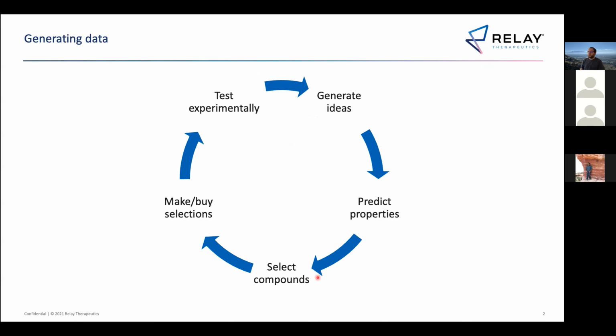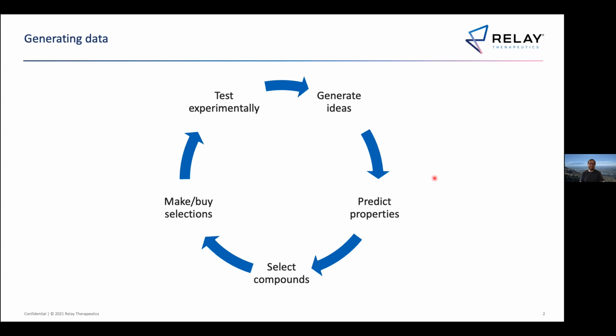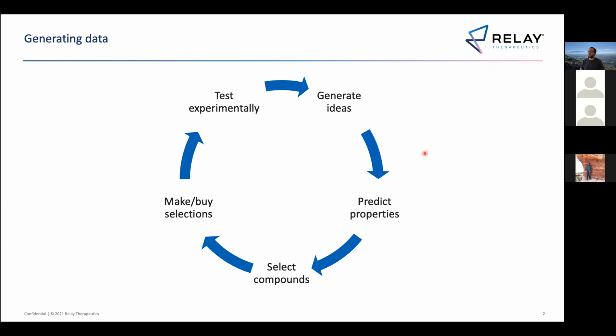So you're all familiar with this process. I've seen it represented many different ways. Sometimes it's abbreviated as design, make, test. I like to split it out a little bit broader for applications in early drug discovery, where we include things like compound selection and synthesis.